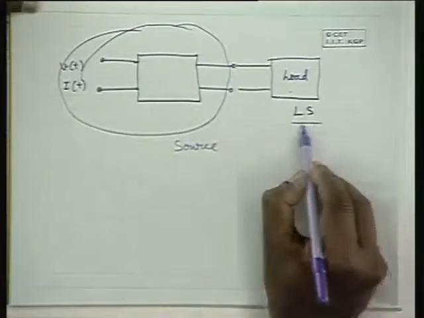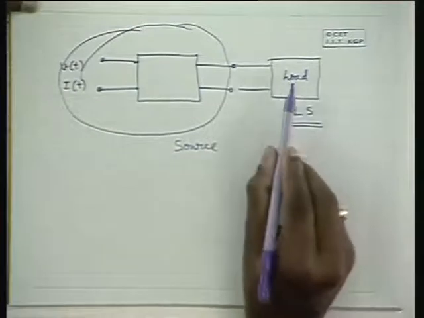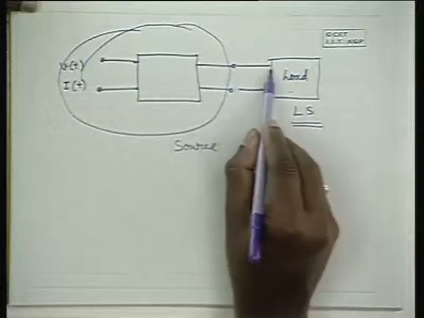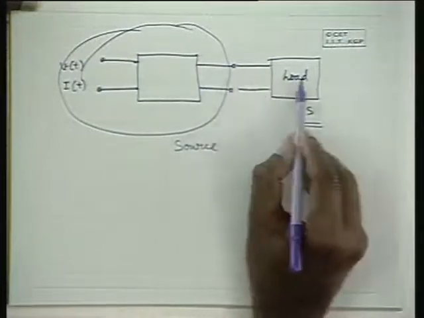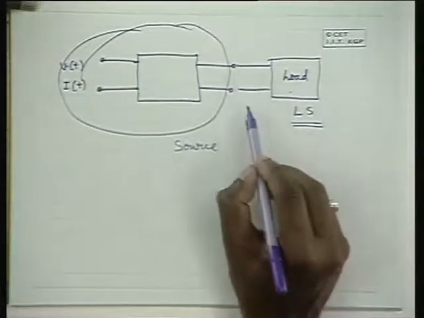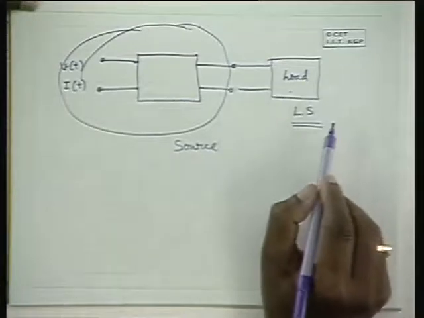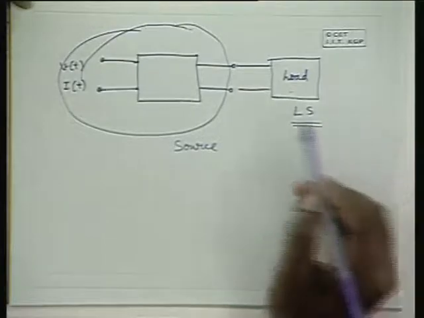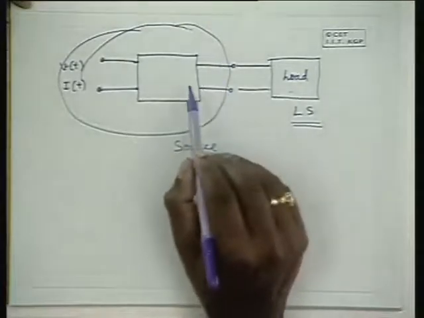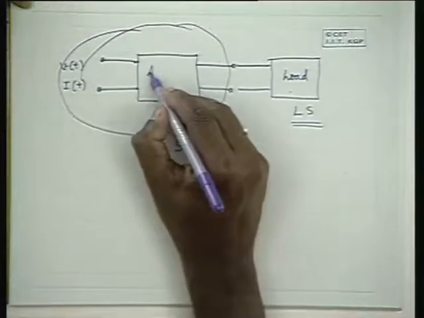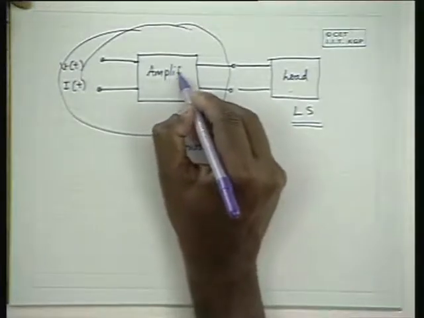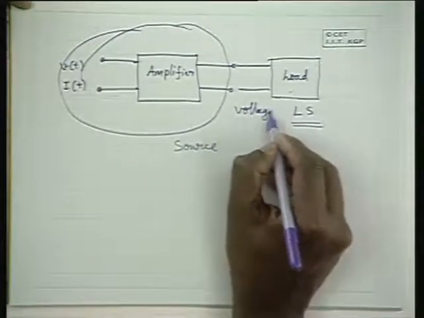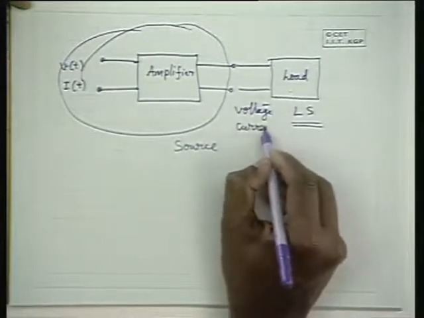And depending on the application and depending on the particular load, you may need an amplified voltage signal or amplified current signals to drive the loads, depending on the application. Hence, an amplifier also needs to give either a voltage signal at its output or a current signal at its output.